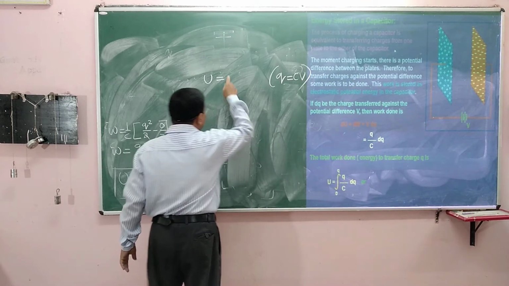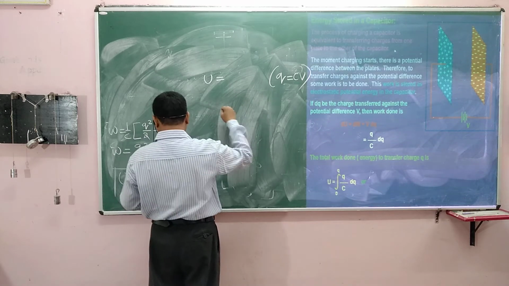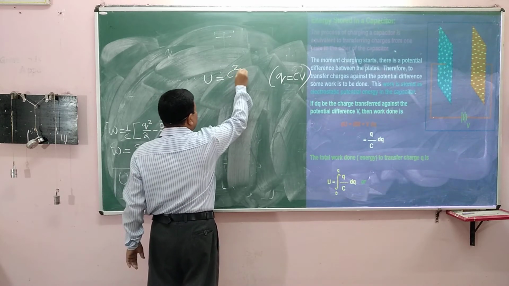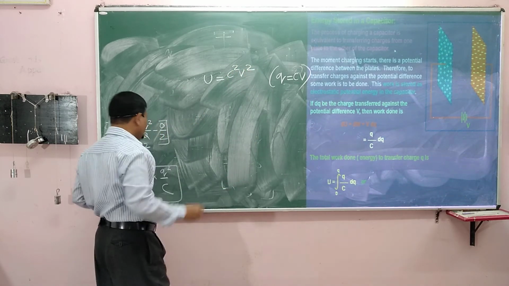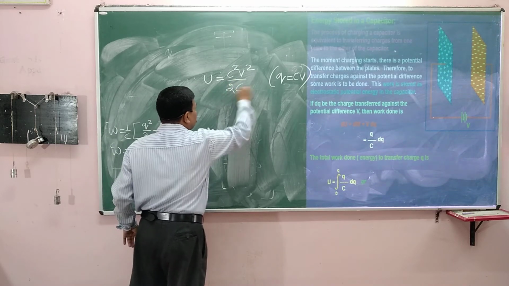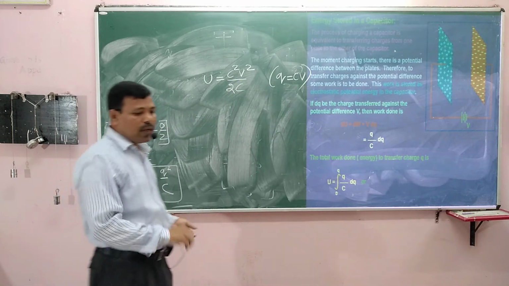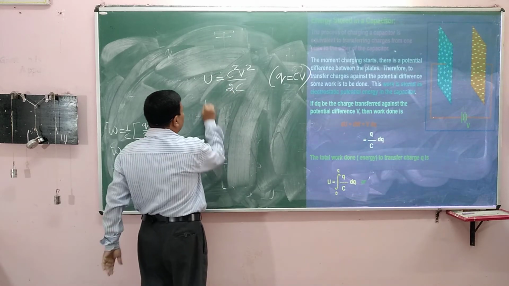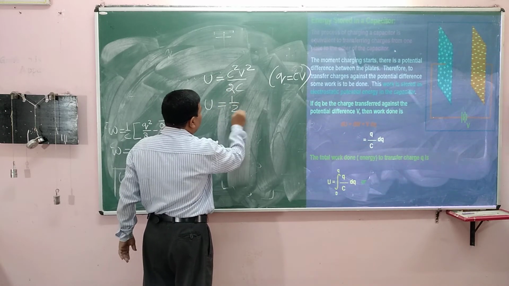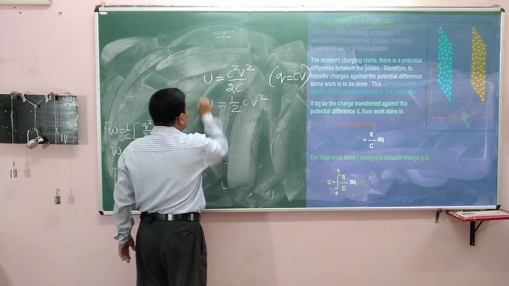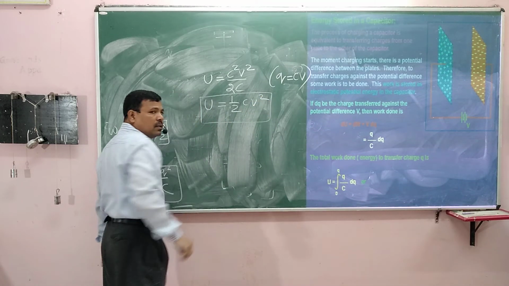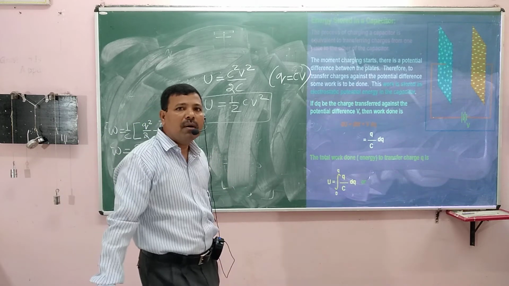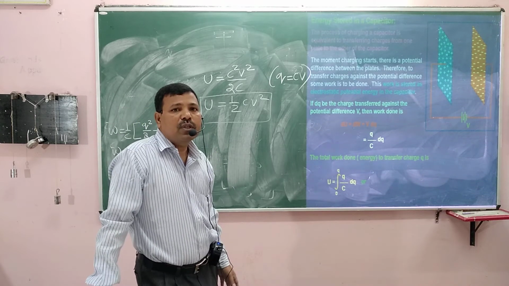So if you substitute here in place of Q, what you get is C square V square by 2C. Then C cancels. What you get is half CV square. This is the second form of this equation.